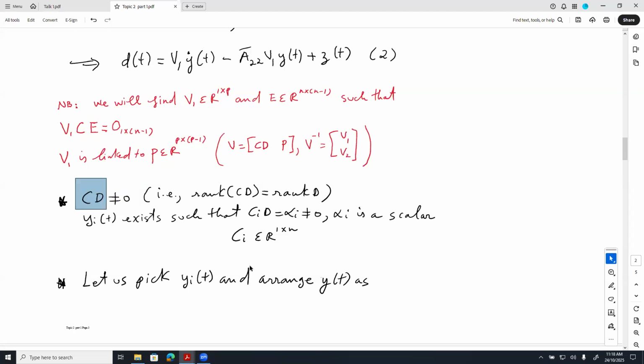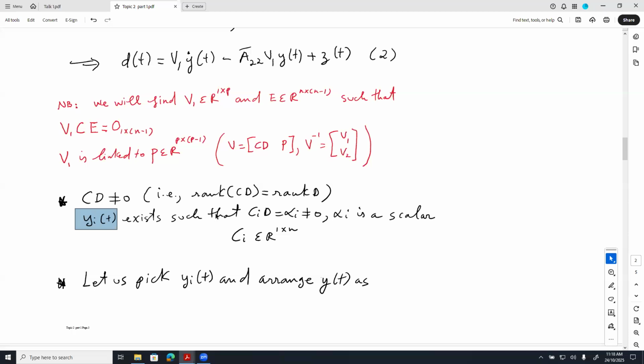It has p elements. And if it is non-zero, certainly there will be at least one output measurement, and we call that output measurement y i of t.